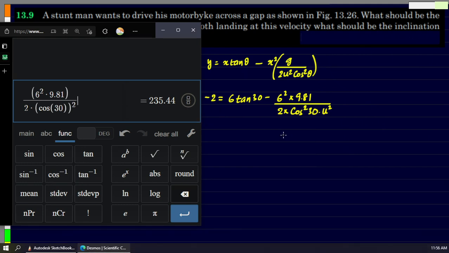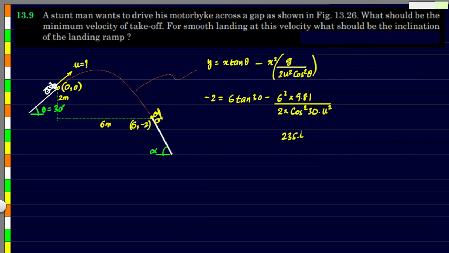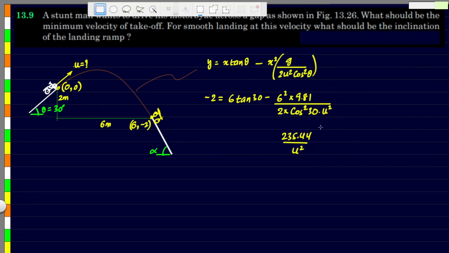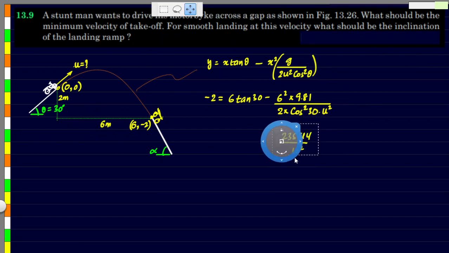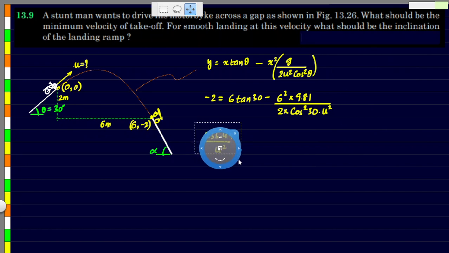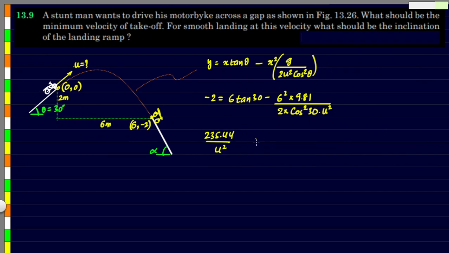So let's put 235.44, and in the denominator we'll have u square. Let us send this term over to the other side. If you do that, it's of course going to become positive. Then bring this term over to this side. So 6 tan 30 plus 2 we're going to get on this side. Now we are interested in finding u square, so u value.